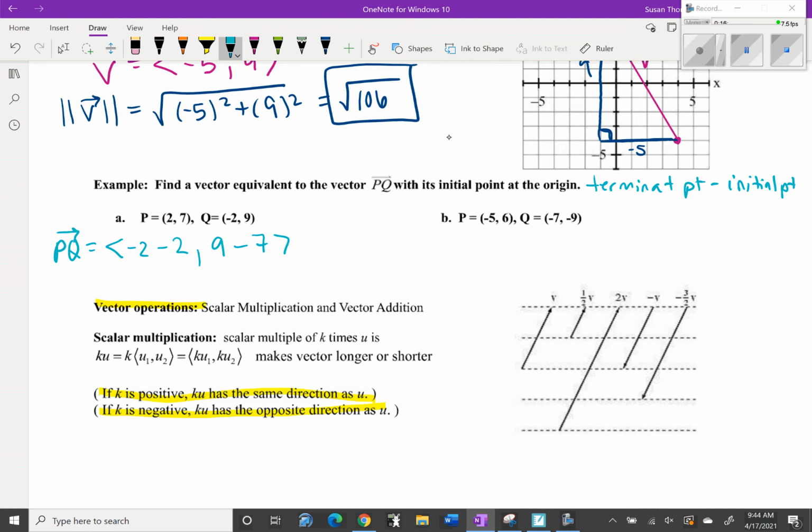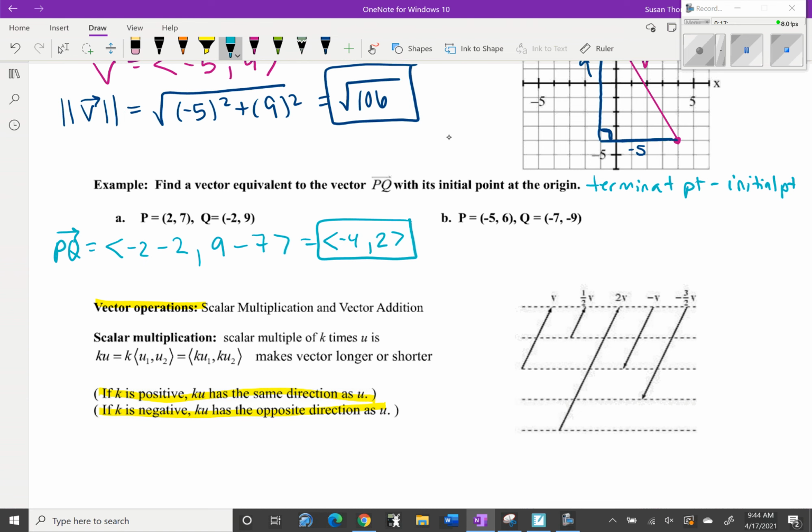So that's going to give us, if we subtract, equal to -4, comma 2. So this is the vector that is equivalent to PQ, but its initial point is at the origin. So we know that they're the same. We're just moving our vector to the origin by putting it in the component form. So it gives us the horizontal component and the vertical component.